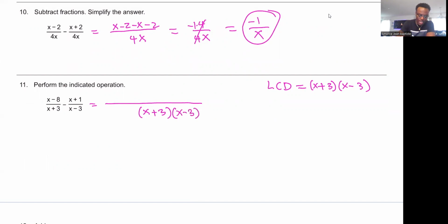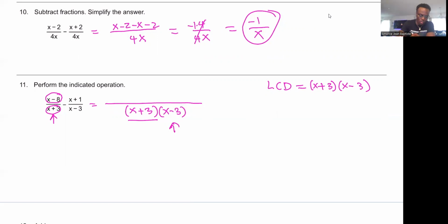And then guess what we're going to do here? Since this one already had x plus 3 but did not have the x minus 3, we're going to multiply the top of this fraction, the x minus 8, times the factor that was missing to complete the denominator.